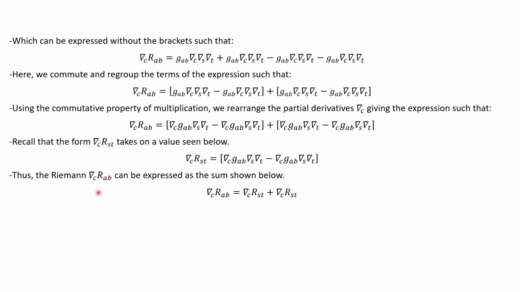Thus, the product of the partial derivative and the Riemann tensor can be expressed as the sum shown here. So all of this reduces to this sum shown here. If you replace each one of these terms, this goes with this goes with that, just to be clear.